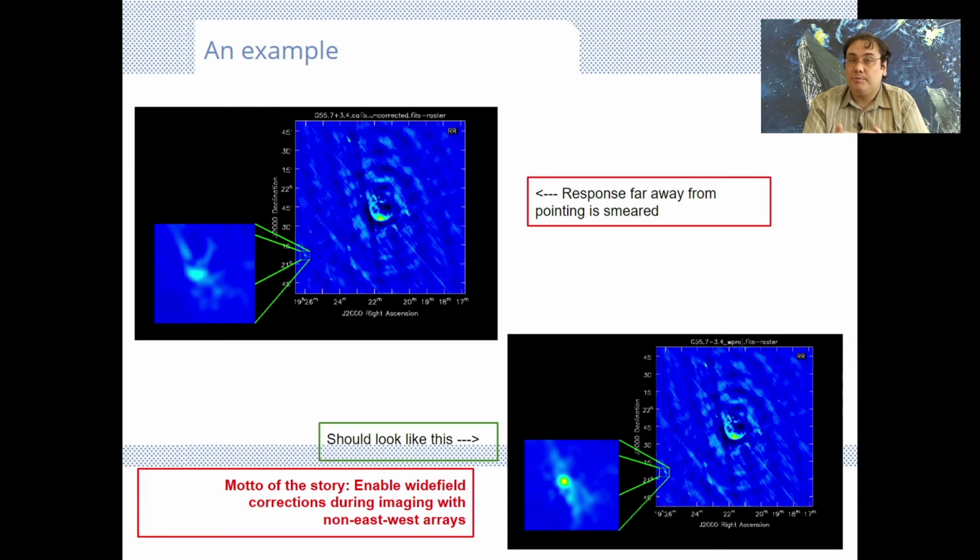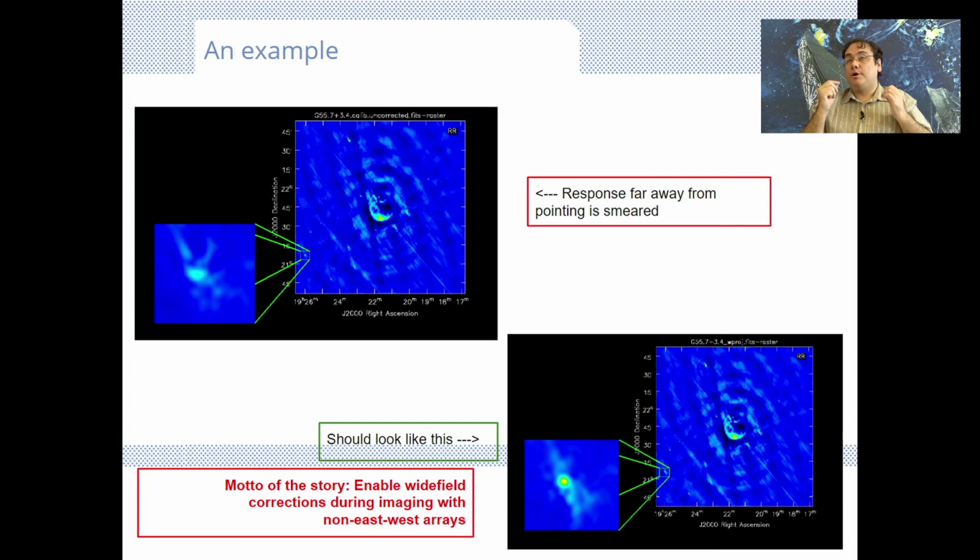If we correct for it by applying W projection, W stacking in the WSClean imager, for instance, or faceting, either in DDFacet or older software in AIPS or CASA, then we'll see that the point source is essentially brought back to an unsmeared state. So what should have been a point source, in the uncorrected image we can clearly see is very smeared out with this very typical horn-like structure.